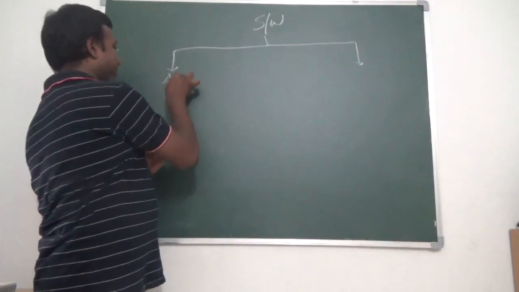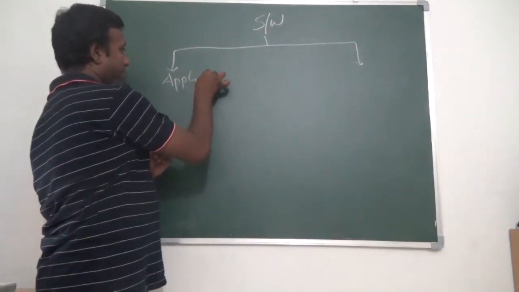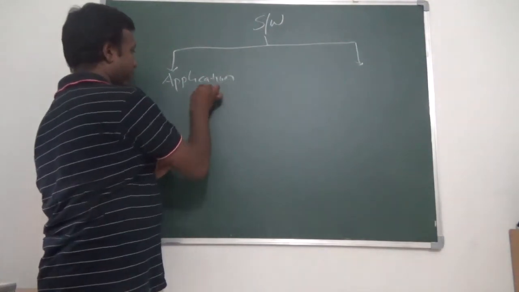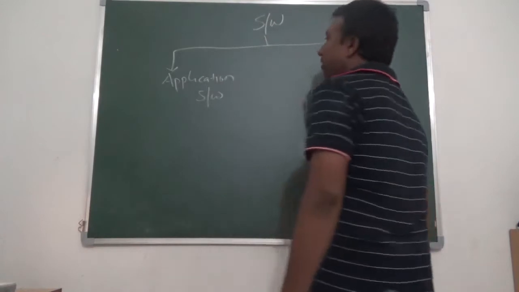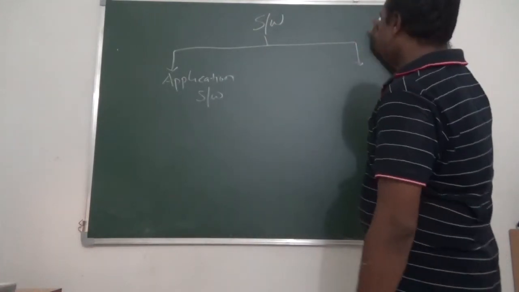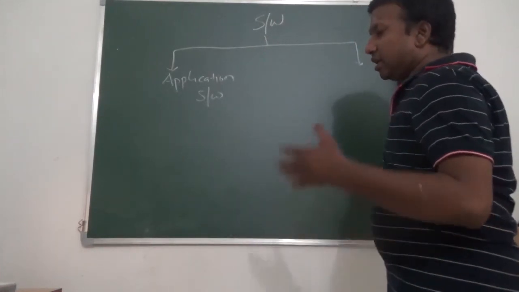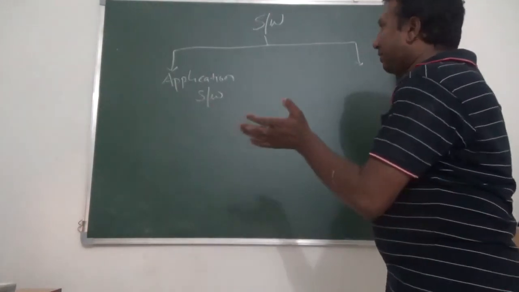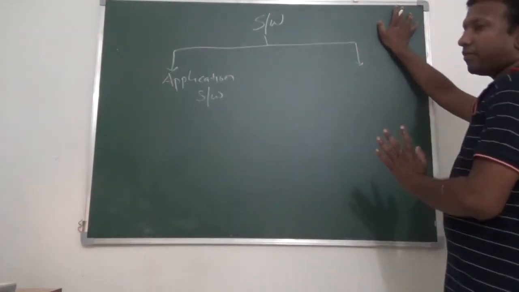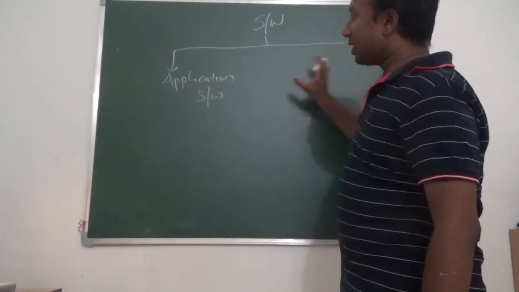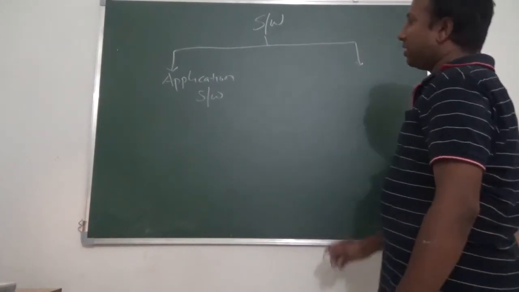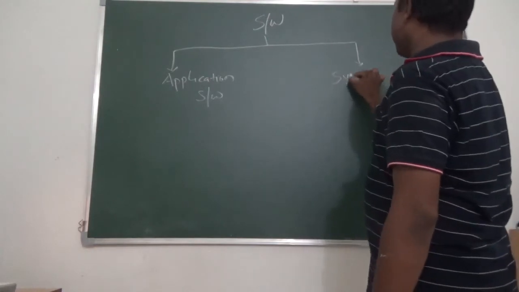Those are called application software. But there is another kind of software. This is also software, but directly the end user is not interacting with this kind of software. But this kind of software is giving a platform to run application software. That is called system software.